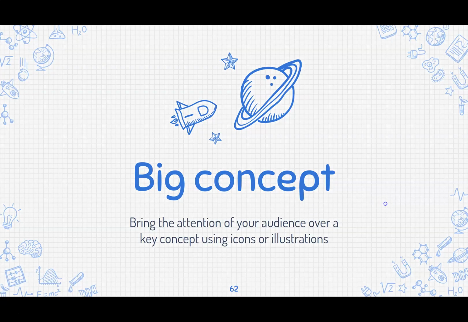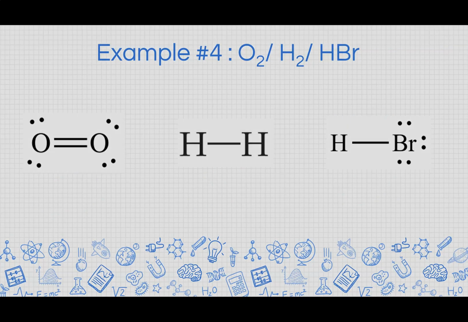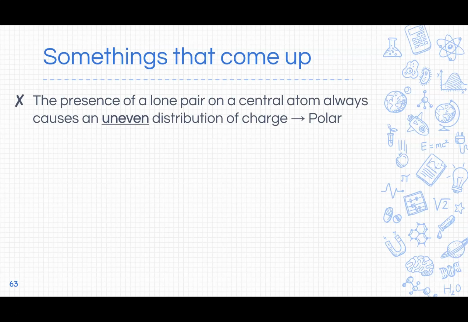Okay, I think I had one more slide somewhere of some things to think about. Here they are, things that come up. The presence of a lone pair on a central atom almost always causes an uneven distribution of charge, making the molecule polar.